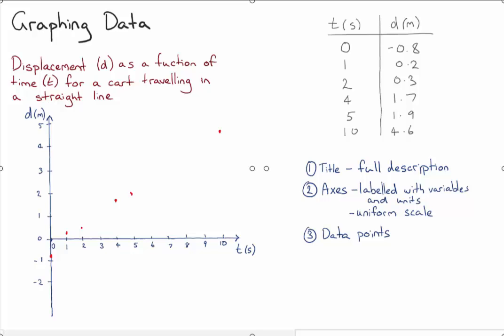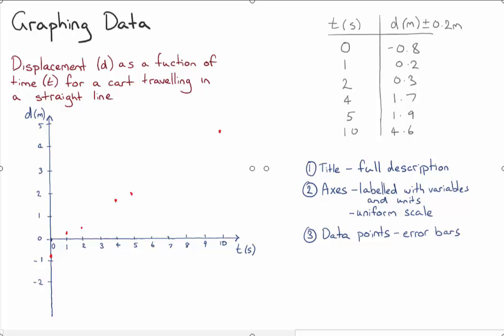We also want to demonstrate on a graph how uncertain we are about any particular point. Let's assume that our uncertainty on the time is very small and we can't really draw it in very well, but we will draw in the uncertainties for the displacement. We need to put in error bars, and we draw them as little lines.